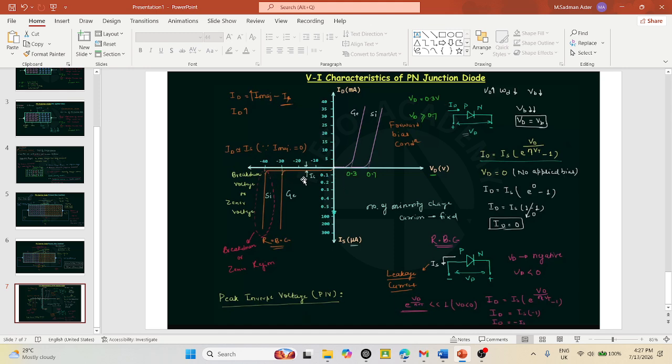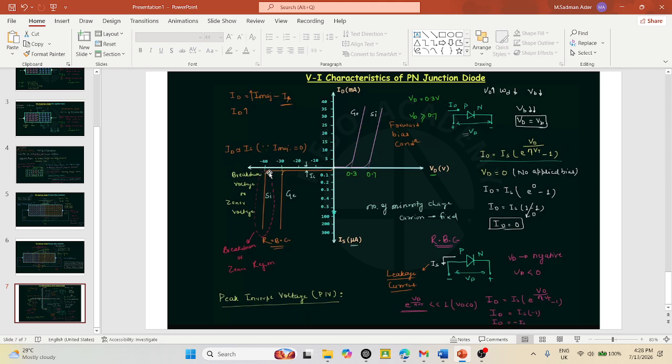Now if we keep on increasing the reverse bias voltage, after a certain voltage the current suddenly starts flowing sharply in the reverse direction.